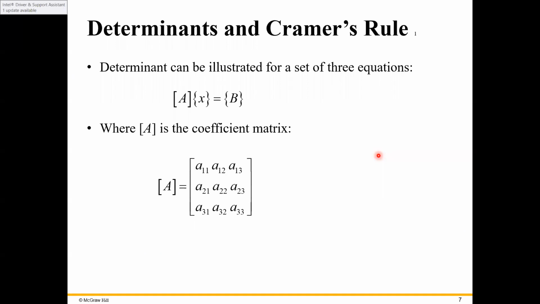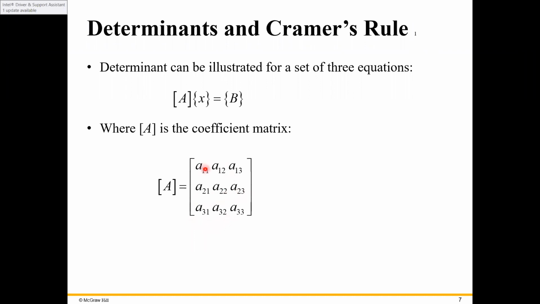Next, we have the determinants and Cramer's rule. So a determinant can be illustrated for a set of three equations. By the definition of the determinants, if we have a set of three equations, we can represent these equations by their coefficients in this matrix form.